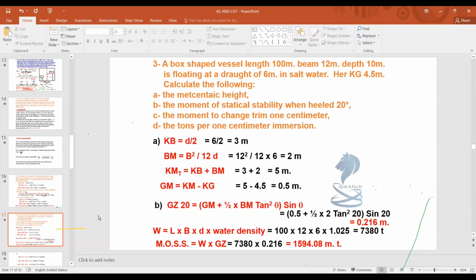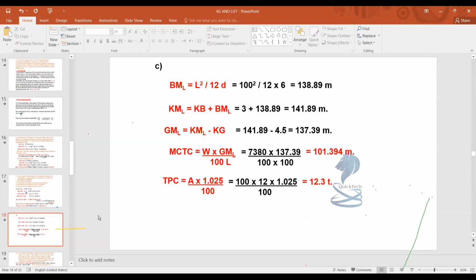W displacement is equal to length into breadth into draft into water density, that is 7380 tons. Hence the moment of statical stability is equal to W into GZ, so the value is 1594.08 meter-tons. Next, to calculate tons per centimeter immersion, that is TPC, first we calculate BML by the formula L² by 12D.